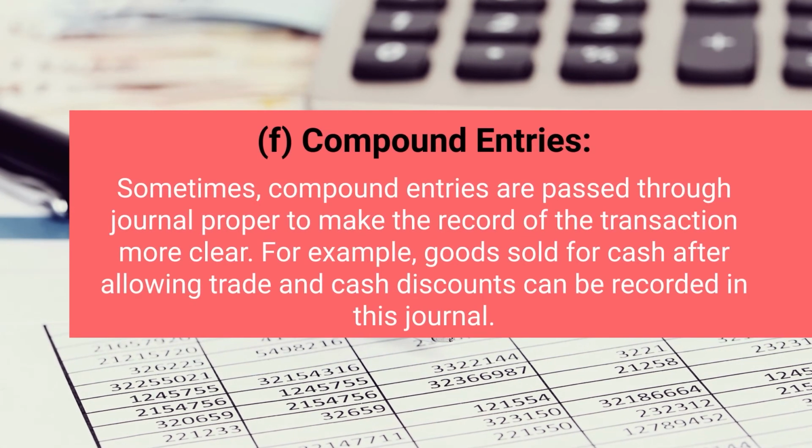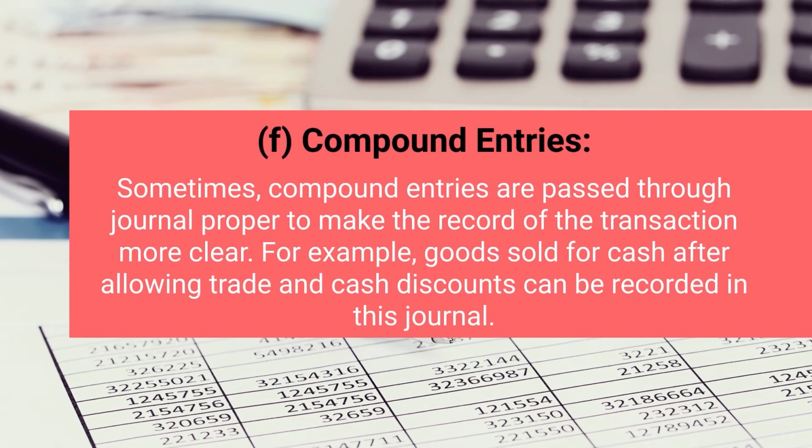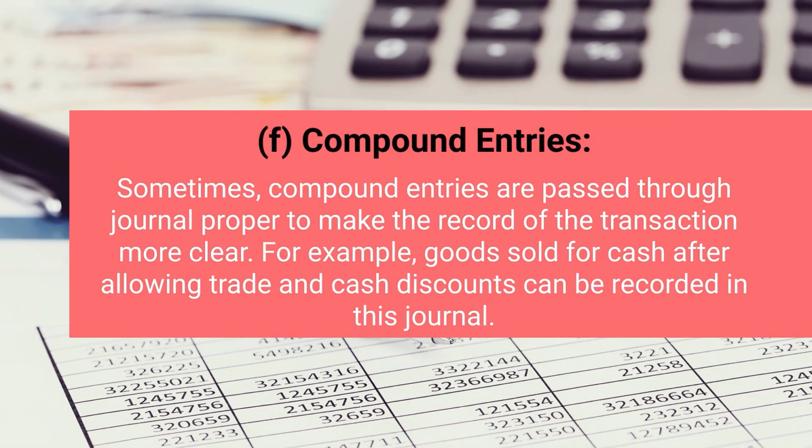Then the next one is compound entries. Sometimes compound entries are passed through journal proper to make the record of the transactions clearer. For example, goods sold for cash after allowing trade and cash discount can be recorded in this journal.